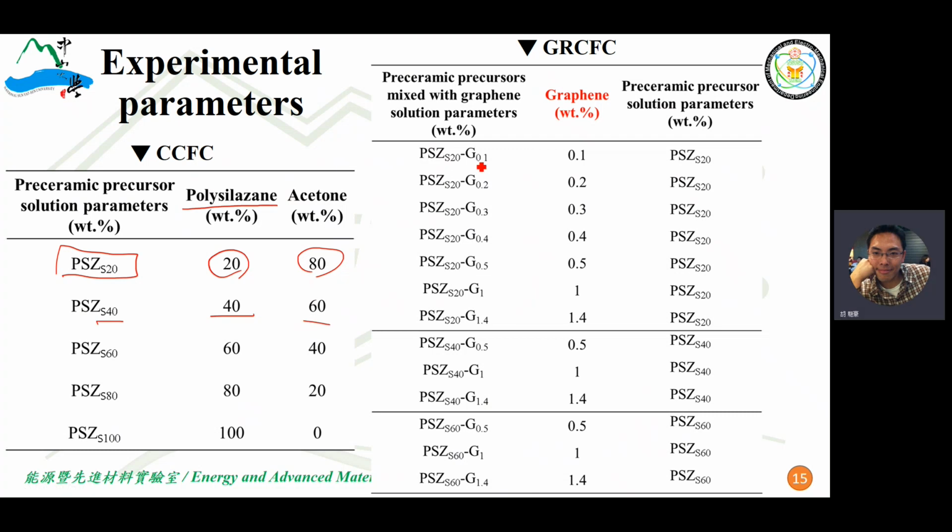Also, we use G to define the content of graphene. The 0.1 means 0.1 weight percent graphene inside this composite with 20% preceramic precursor, and so on. So we have different contents of graphene: 0.1, 0.2, 0.3, 0.4, 0.5, and so on.